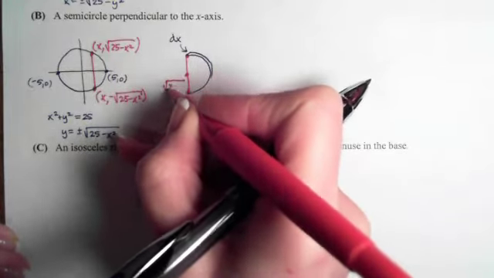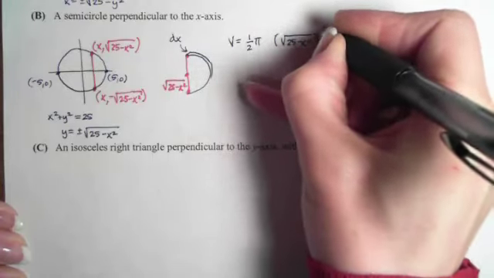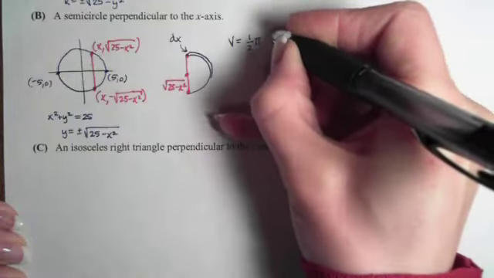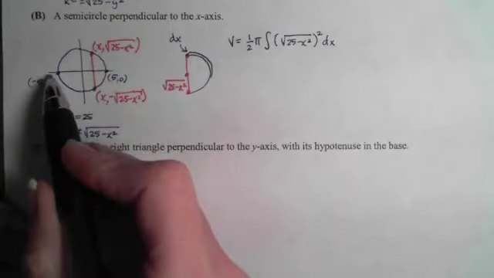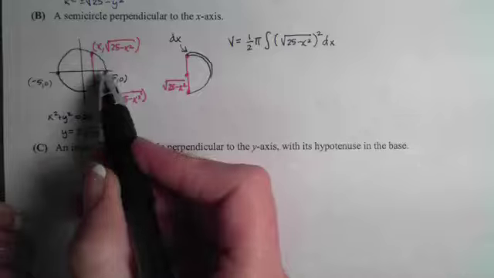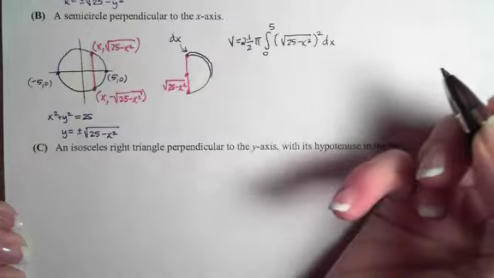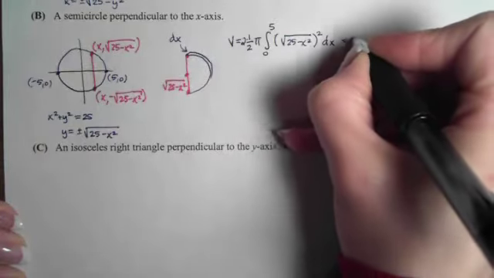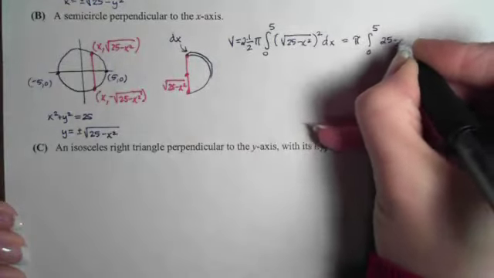If I now want to set up my integral for the volume, I'll have that volume equals 1/2 pi times that radius squared times the thickness. And I'm going to add them all up from -5 to 5. Now, rather than going from -5 to 5, I could just go from 0 to 5 and double it. So I'm going to do that. I'm going to double from 0 to 5. If I simplify that, I see I've got a pi out in front, and inside I have a root that has been squared.